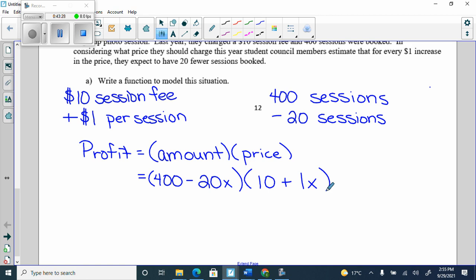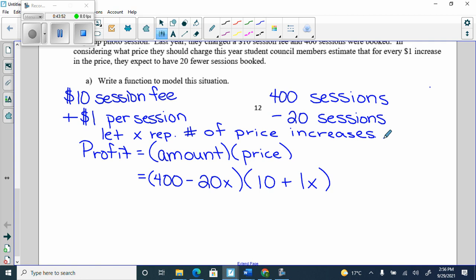Now we could let X represent the number of price increases. So if we price increased 4 times, then it would be 1 times 4, right? If we price increased 8 times, it would be 1 times 8.